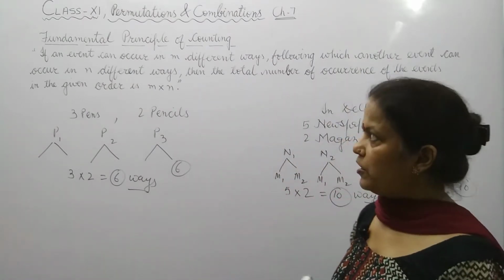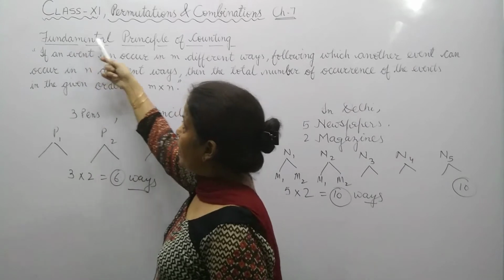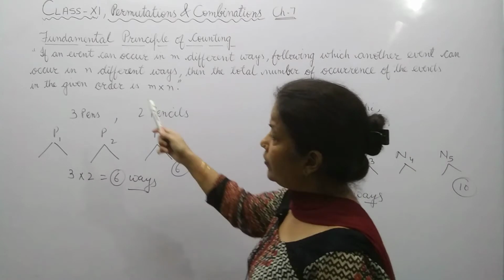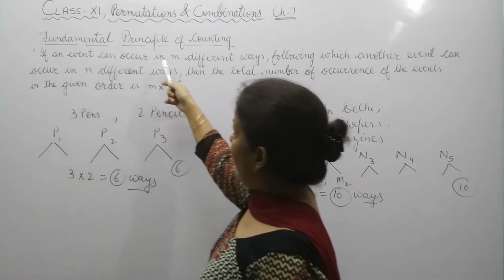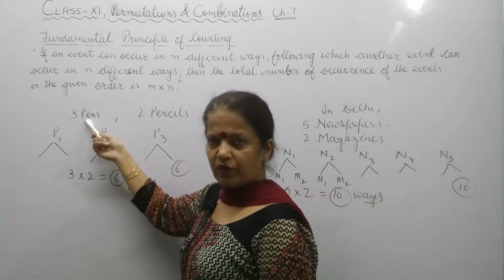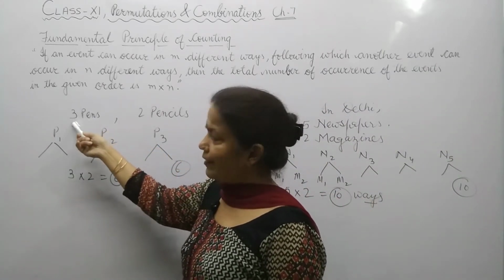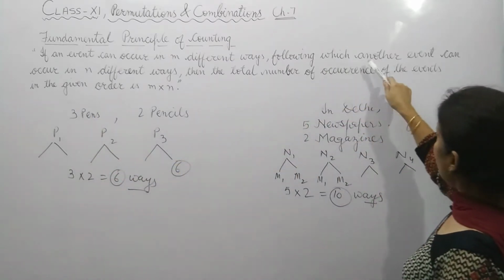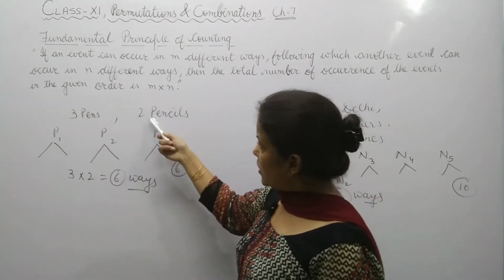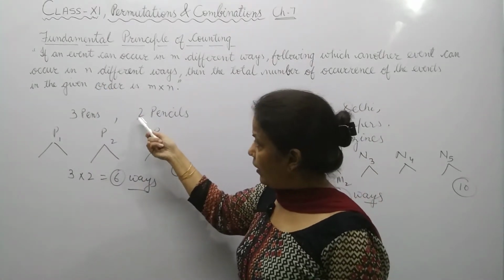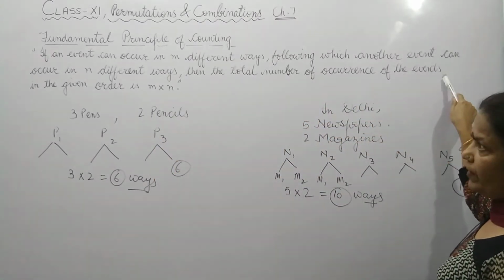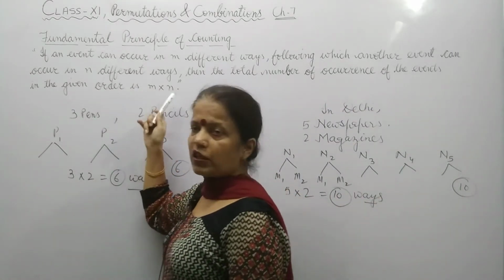This type of concept is called the fundamental principle of counting, which states that if an event can occur in m different ways, following which another event can occur in n different ways, then the total number of occurrences of the events in the given order is m into n.